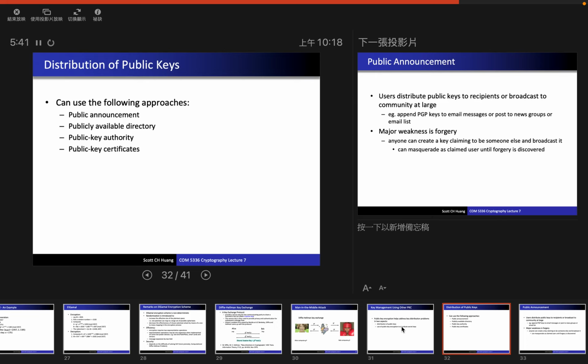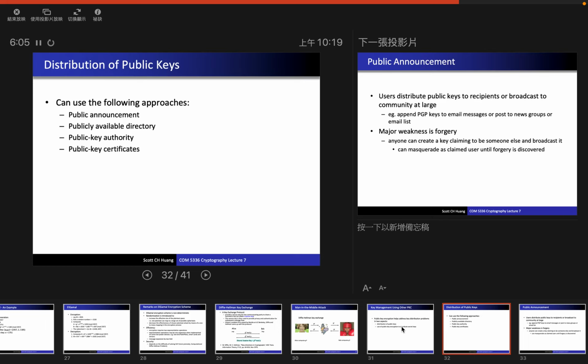Public key certificates. There are companies working on this. They issue public key certificates, and those companies are trusted as well. In different parts of the world, there are usually different companies in charge of those parts.